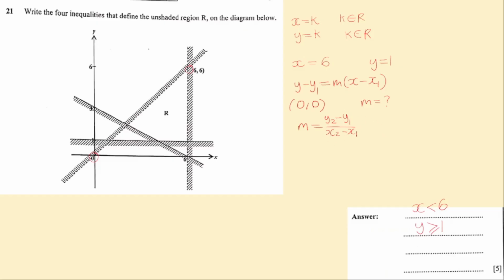This formula requires that we have 2 points on the line, so the other point that I'm going to use will be 6,6.